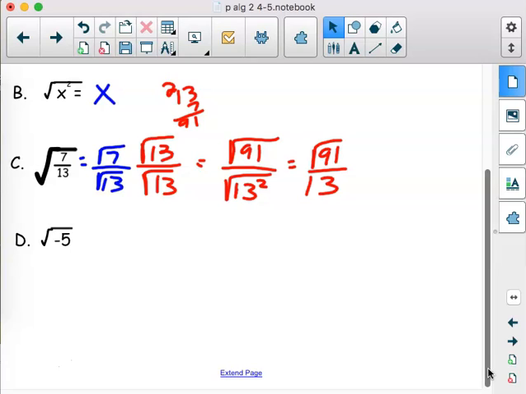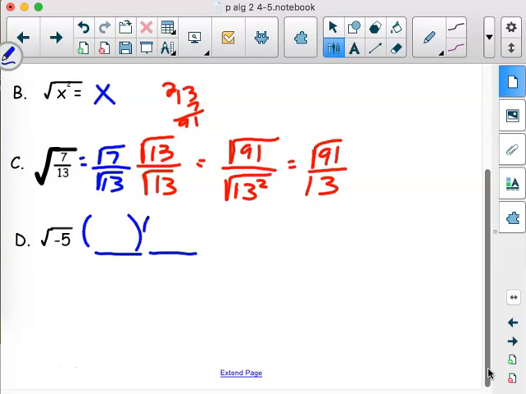All right, D says the square root of -5. Square root of -5. So that means I want one number, and I want to write it in both of those spots and multiply them together and get a -5. Is that possible? If this is positive and this is positive, are they going to multiply together to give me a negative?